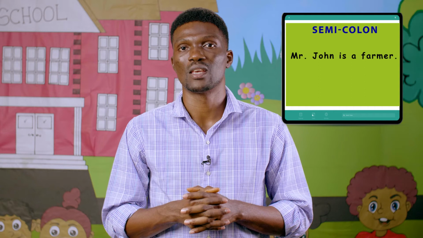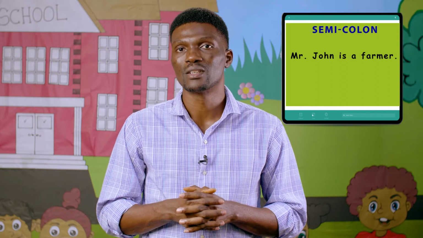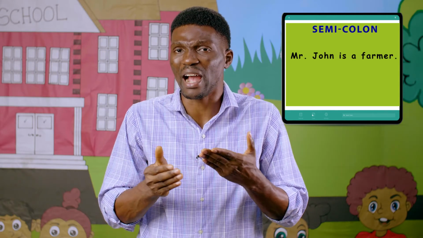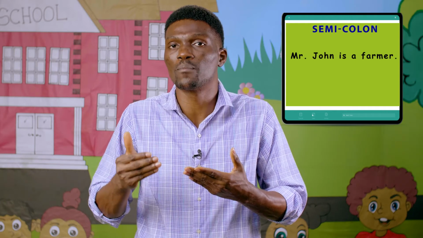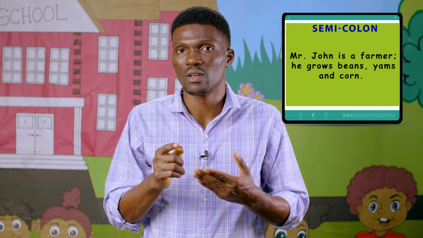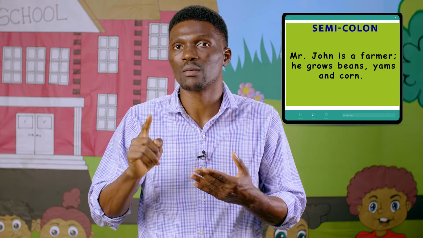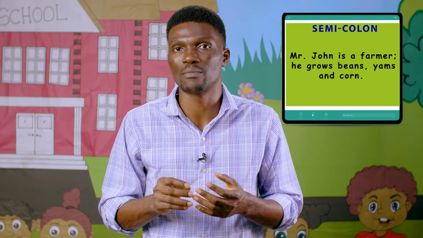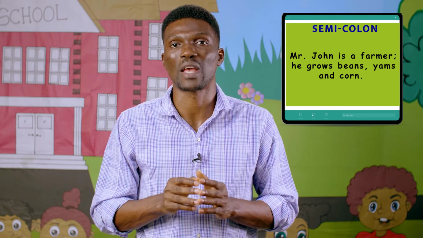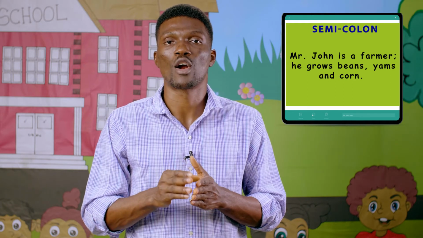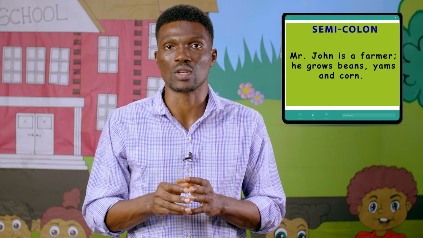If you want to go on to say, he grows beans, yams, and corn, you can see that it's still in line with the first sentence about farm work. So after Mr. John is a farmer, you can put a semicolon there and go on to say he grows beans, yams, and corn, and you'll be perfectly correct. So this is how to use semicolons to mark boundaries between main clauses.